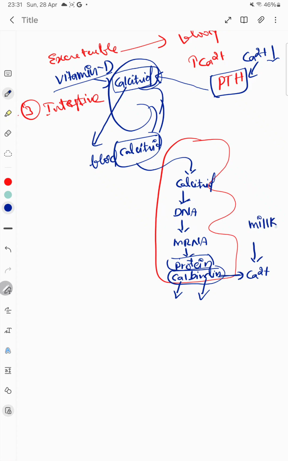Milk and milk related products are sources of dietary calcium. This calcium will be absorbed in the intestine by calbindin, which brings the dietary calcium into the blood. Now blood calcium will automatically increase.